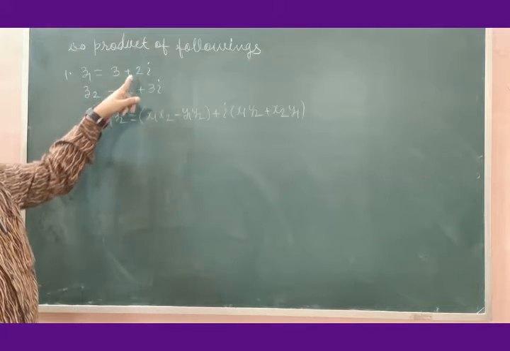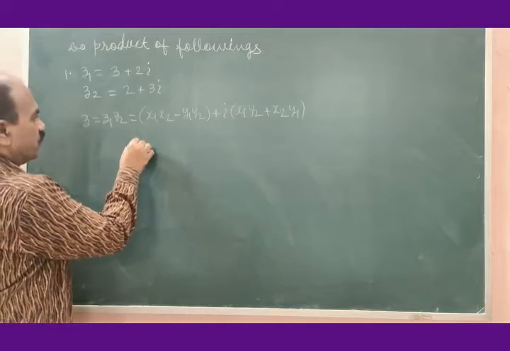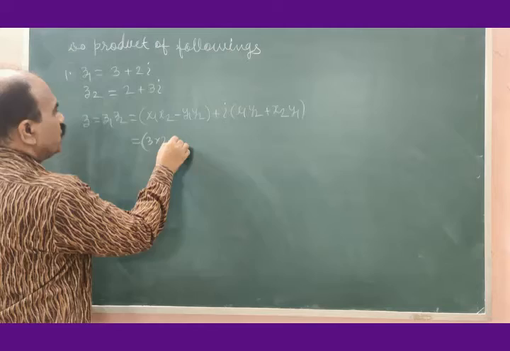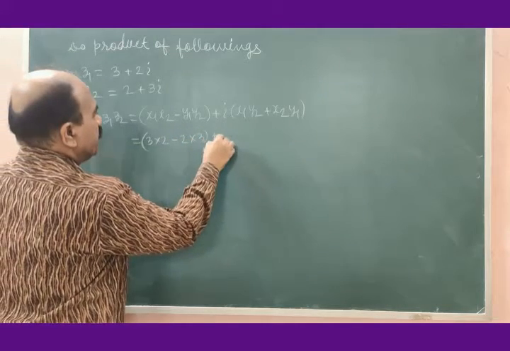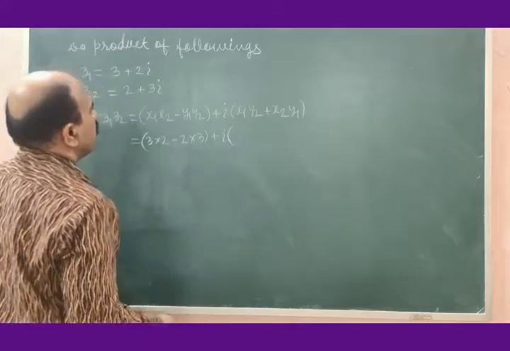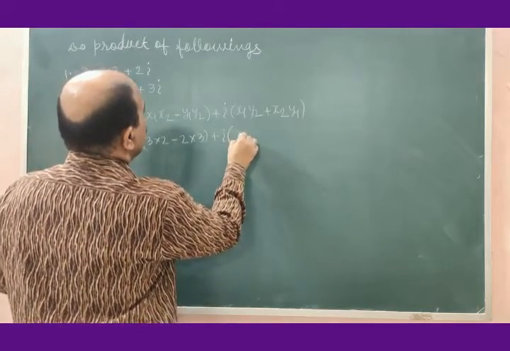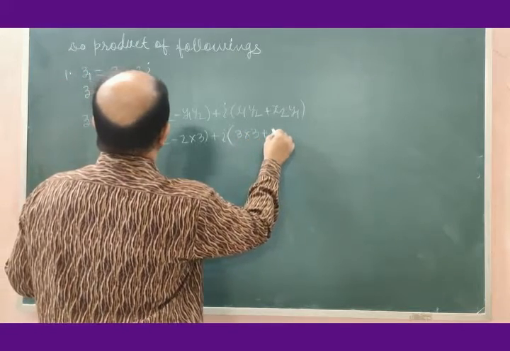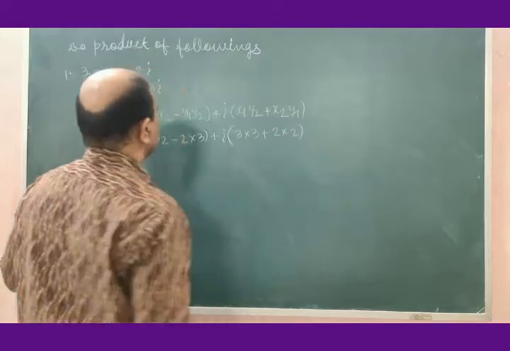x1, y1, x2, y2. This is equal to 3 into 2 minus 2 into 3 plus i into 3 into 3 plus 2 into 2.